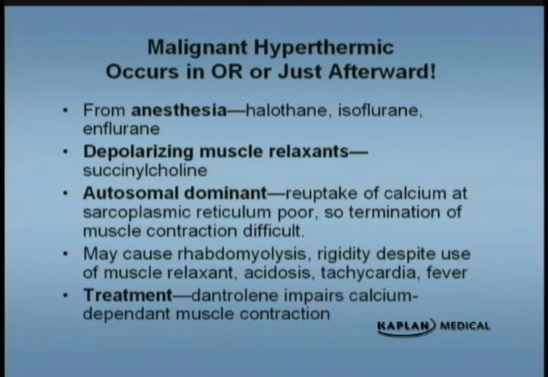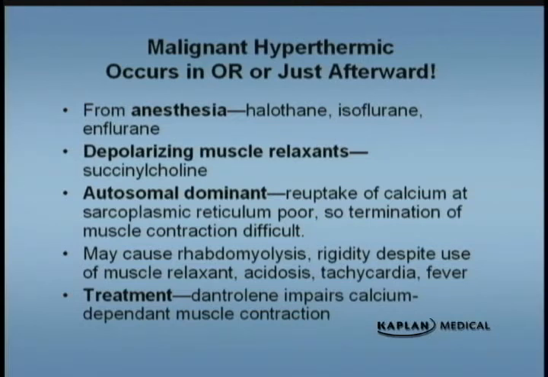Any agent can do it: halothane, isoflurane, enflurane, succinylcholine. It is an autosomal dominant condition due to the reuptake of calcium at the sarcoplasmic reticulum. All right? And they're going to get high fever, rigidity, rhabdomyolysis, tachycardia, followed by acidosis and hypotension. All right? The treatment for this is dantrolene.